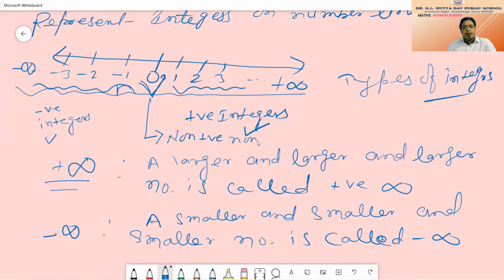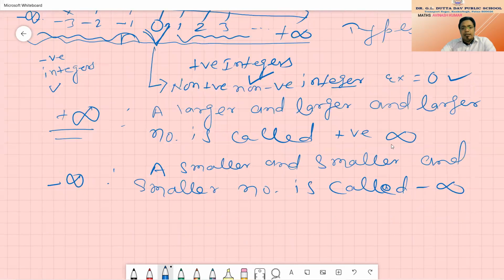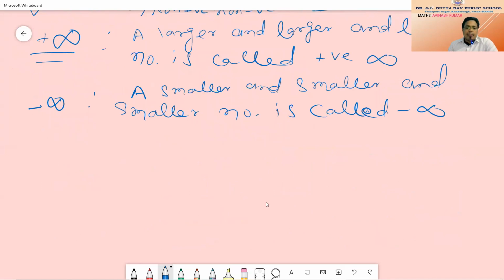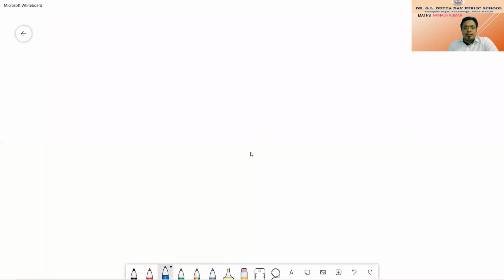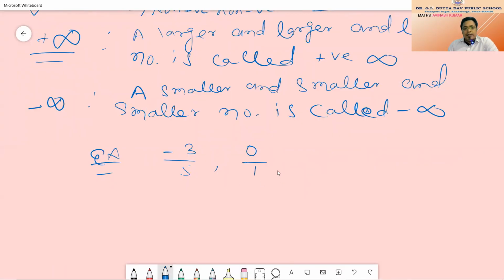Students, there is only one example of this type, and that is 0 only. Okay, now understood rational numbers. Examples of rational numbers: minus 3 by 5, 0. It is also a rational number because 0 by 1 is hidden here. So there are many examples of rational numbers.